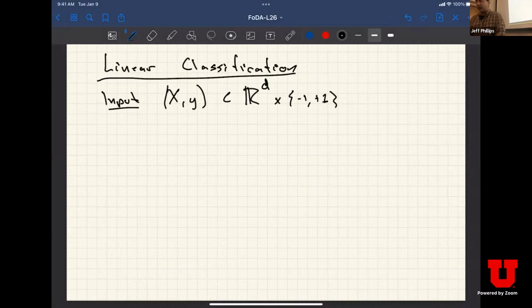We're given a bunch of data points. One data point is (x_i, y_i). This x_i is a vector in R^D, and y_i is the label.